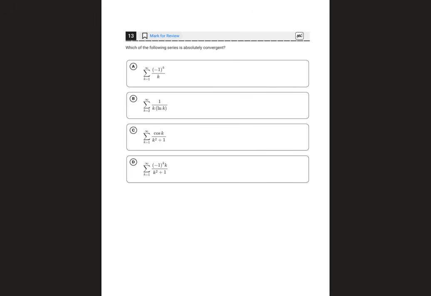Forgetting about the alternating series part, the kth term is 1 over k. So that's divergent, which means it's definitely not absolutely convergent.